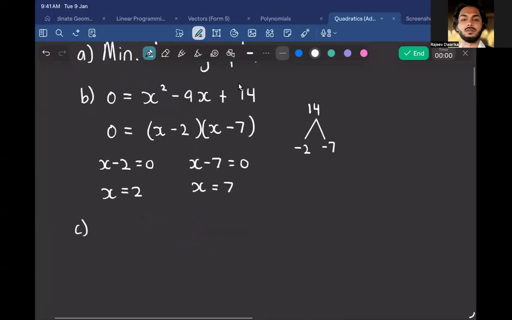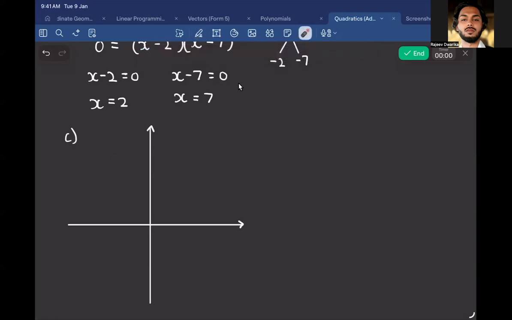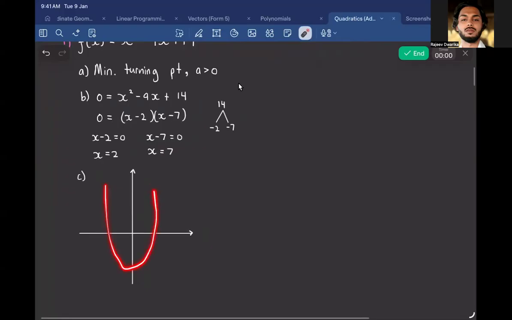Sketch one. Let's do the sketch now. Let's draw this. Actually, wait, pay attention here. Would that be correct if I did that?